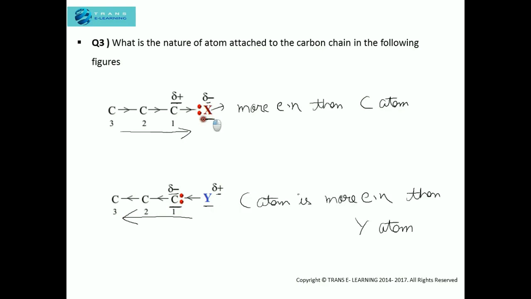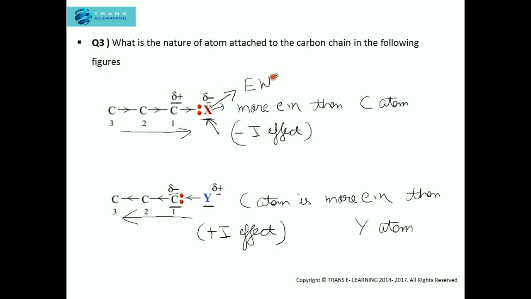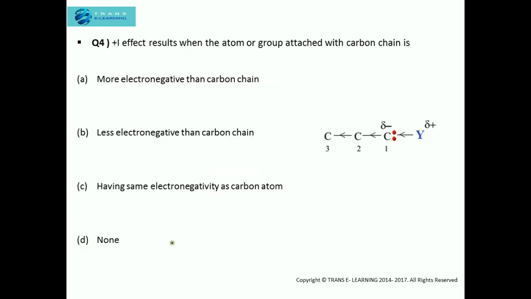So the presence of a more electronegative group or atom will lead to the minus I effect, that is minus inductive effect, and the presence of a less electronegative atom will lead to the plus I effect. And the group which withdraws electrons is known as electron withdrawing group, and the group which donates electrons is known as electron releasing group.